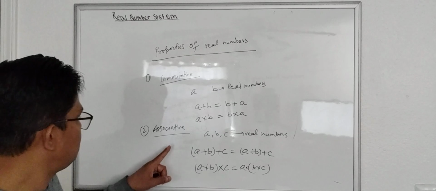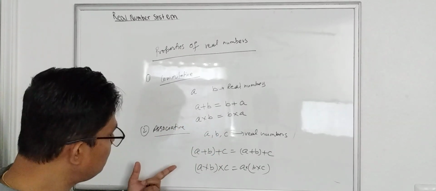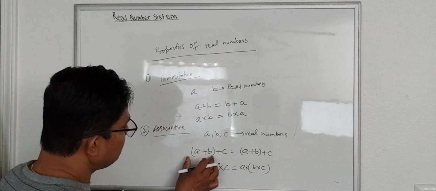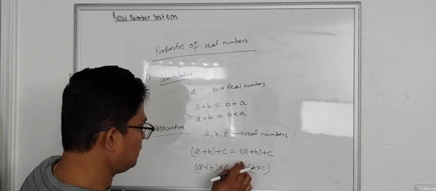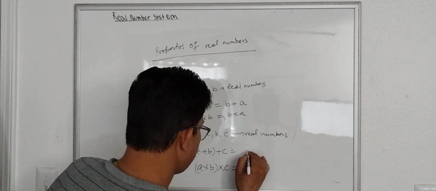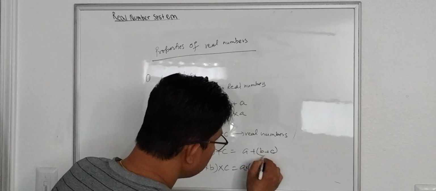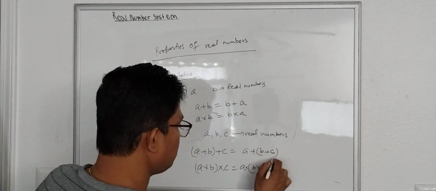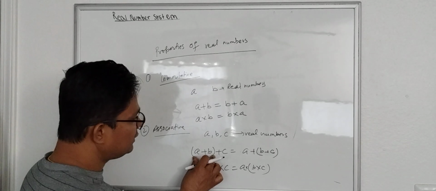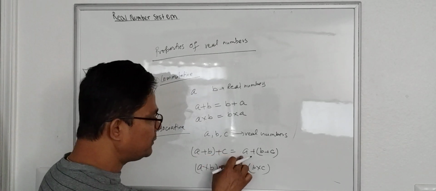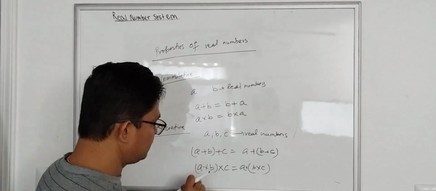So see, it says if there are three real numbers A, B and C, any number, then you take the sum of the first two and then add the third one, which will be A plus B plus C. If you take the sum of the first two and then add the third one, that will be equivalent to taking the sum of the last two and then adding the first one.